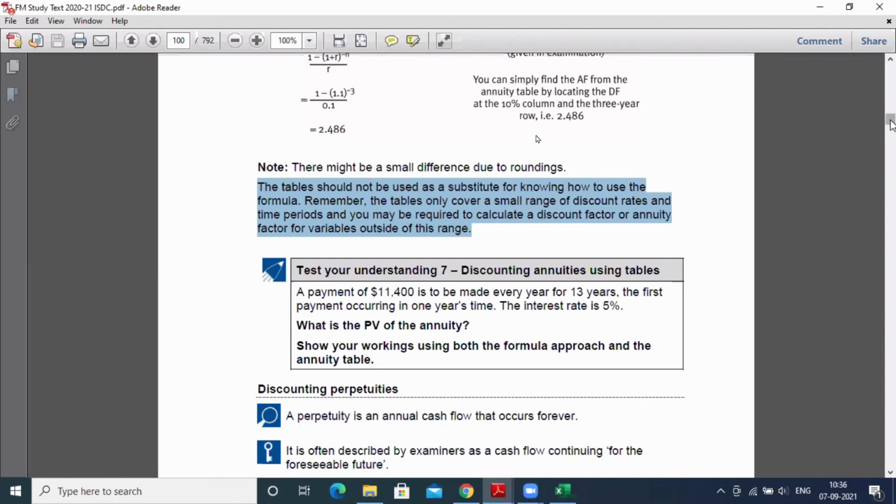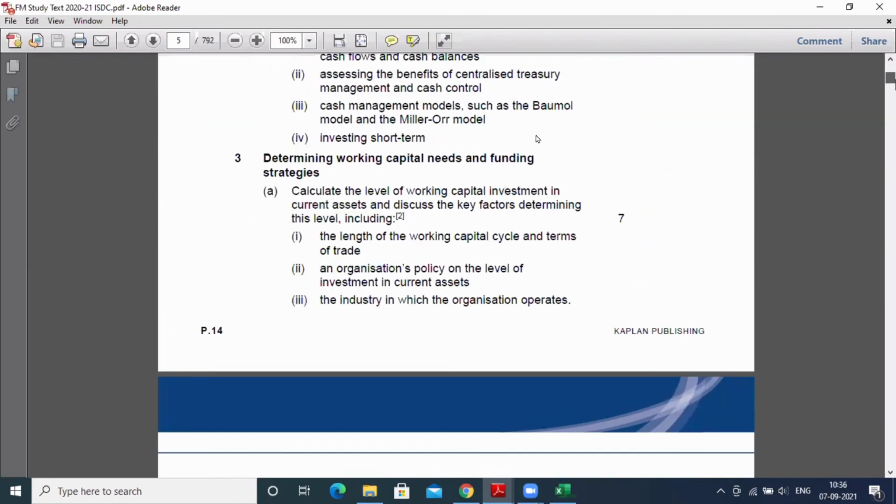It means that in the table you can observe that only some percentages are given.